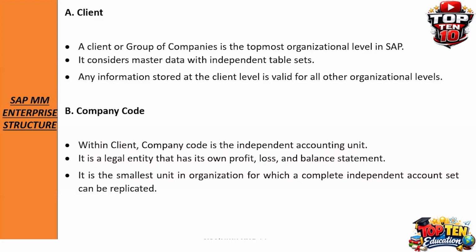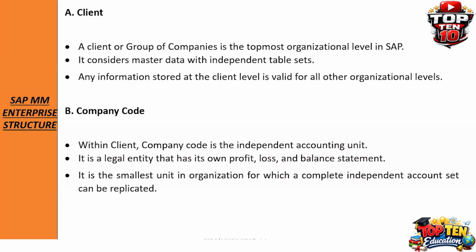Any information stored at the client level is valid for all other organizational levels. So here, if we are keeping the data at the client level, where the client is ABC, that information will be available to all the organizational levels, such as company code 1, company code 2, company code 3.